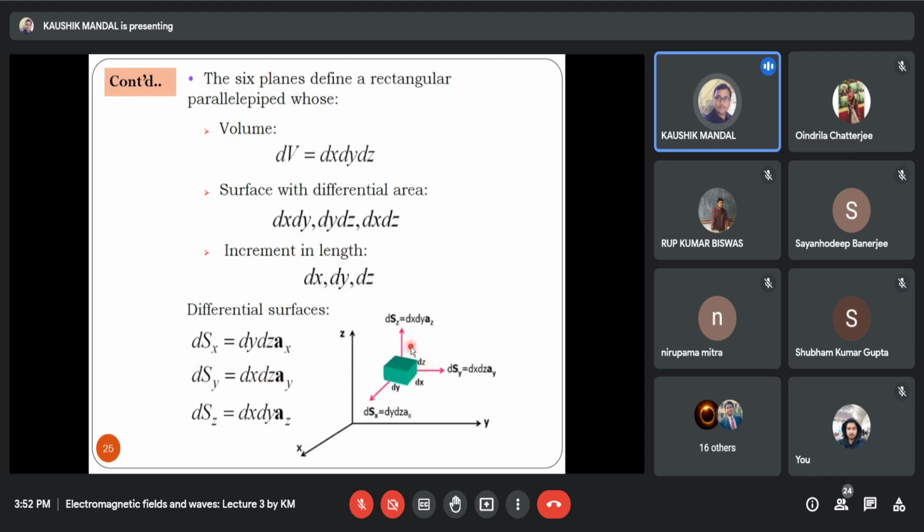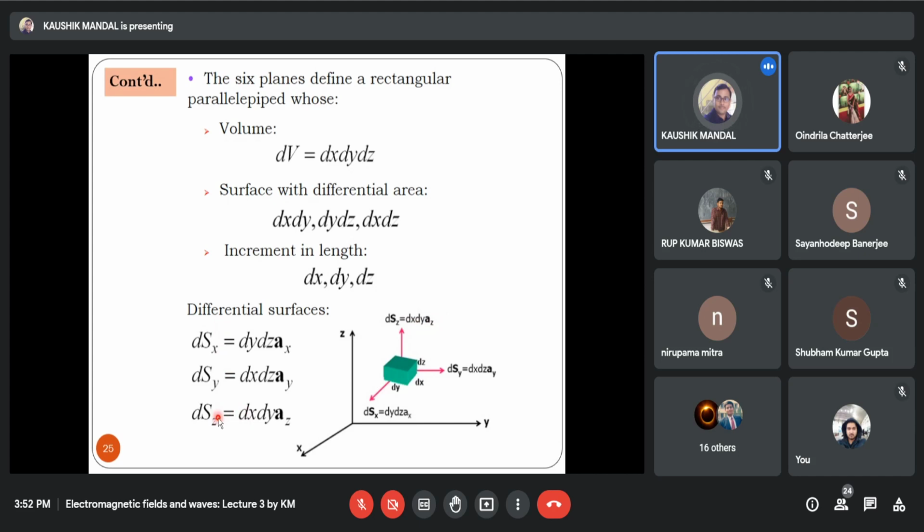Similarly, for this particular surface, it will be a vector along the z direction. So it will be dSz. What is the incremental dimension? dx into dy. The unit vector is along the z direction. So this is equal to dx dy az.